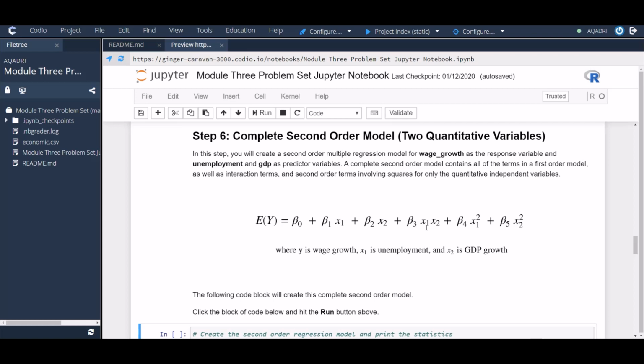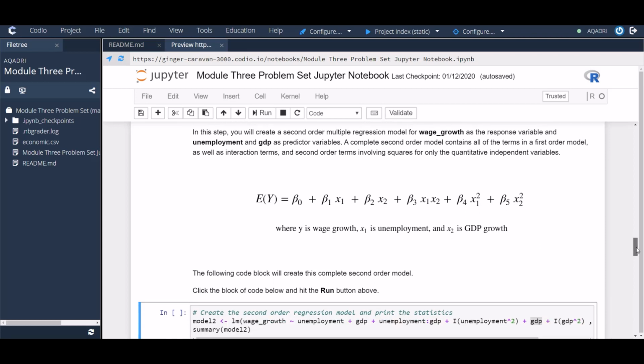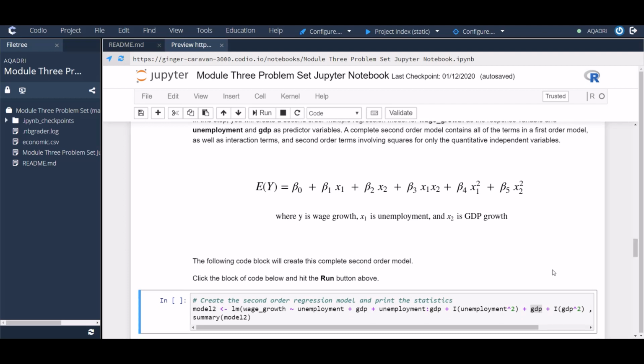We are also including their interactions to see if that turns out to be significant in the model, and that's why this model is a complete second order model. Now that we know what this model is and we have the general form of the model, let's run it and see what we get.